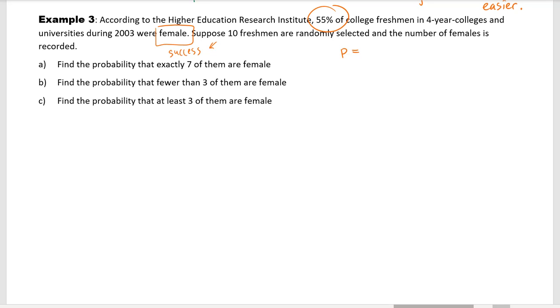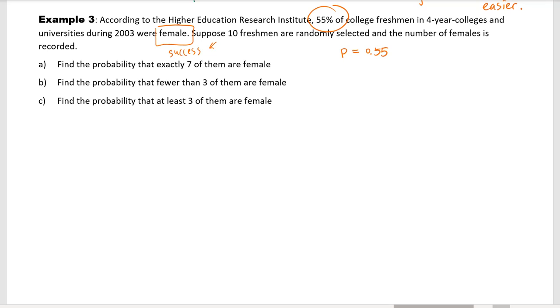Let's say a factory produces some products, and the percentage of defective is 10%, then success is defective. So success is not always a good thing. It's just something we want to know, and then we define it to be success. Alright, so the probability of success in this case is 0.55.